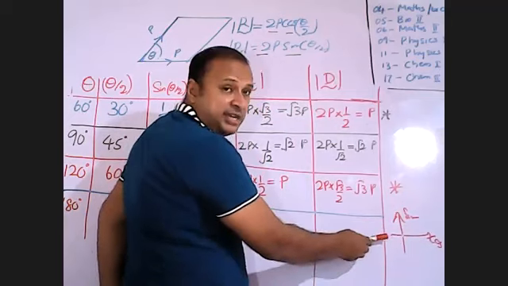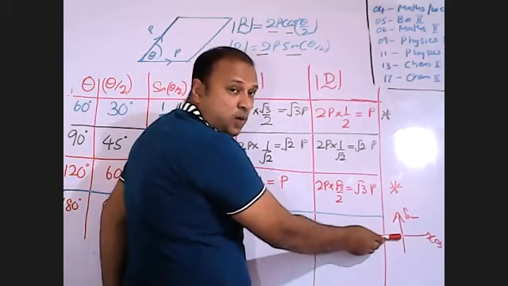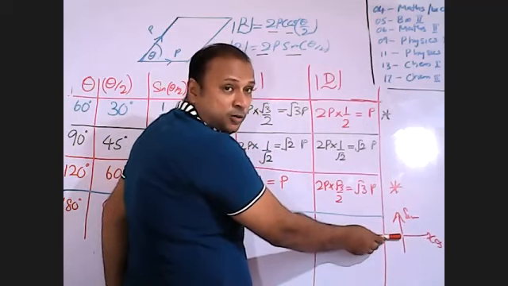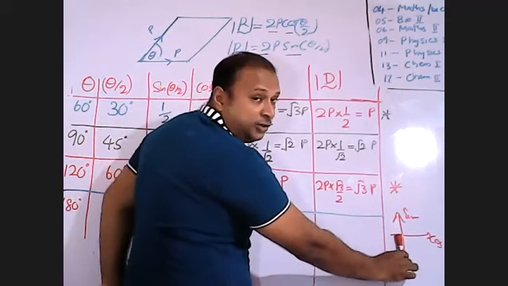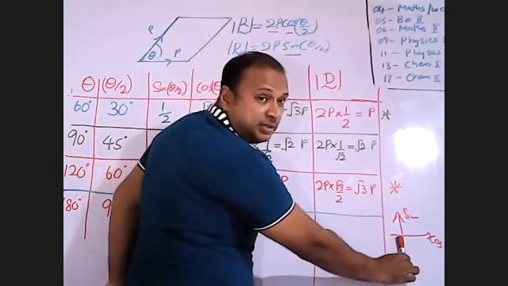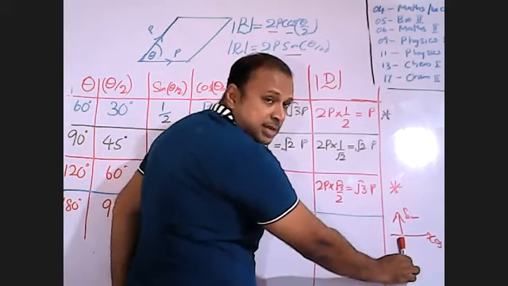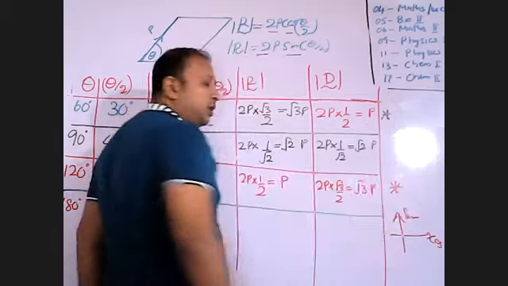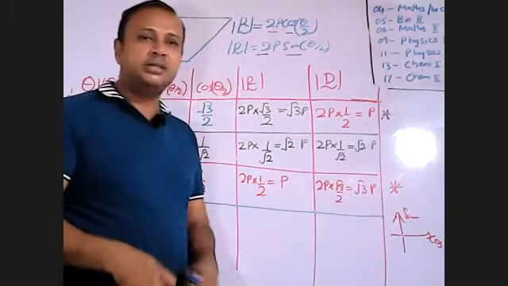The angle is 180. Therefore, cos 180 is minus 1. Sin doesn't have a value, that means sin 180 is 0. If the unit rod is on the minus y-axis, that means sin 270 is minus 1, and cos doesn't have a value.